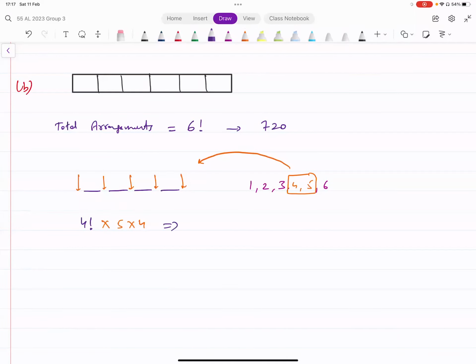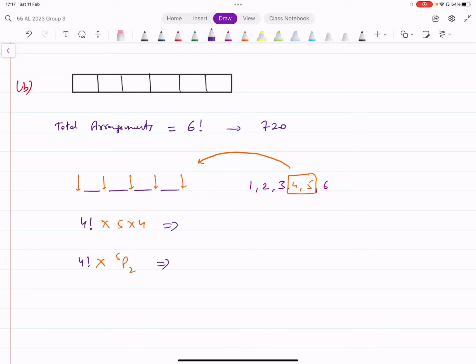Another possibility could have been that you make it 4 factorial, and then since you've got 5 places, in those 5 places you have to arrange 2 objects. You could directly use 5P2 here as well, and that will also work. दोनों में से कुछ भी कर सकते हैं.